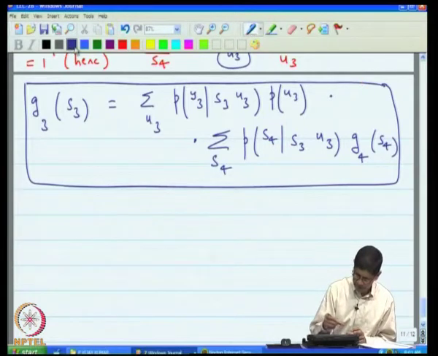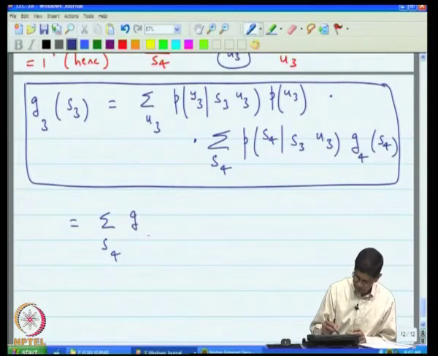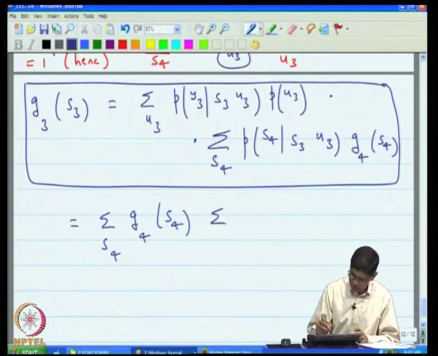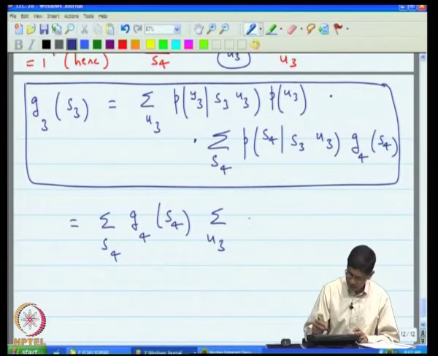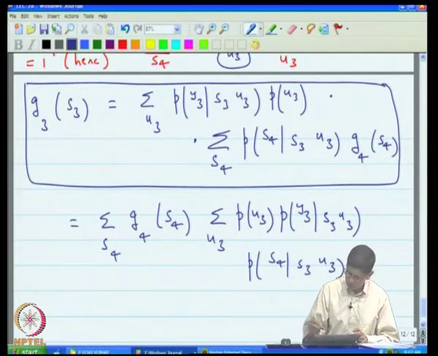So, we can rewrite this in the form where you sum over S4 and you have your incoming G4 of S4, and then you take the sum over U3 inside, and you have P of U3, P of Y3 given S3 U3, and then P of S4 given S3 U3.